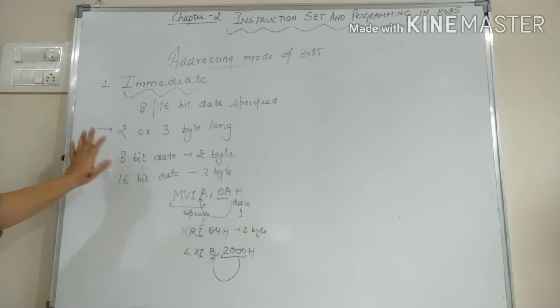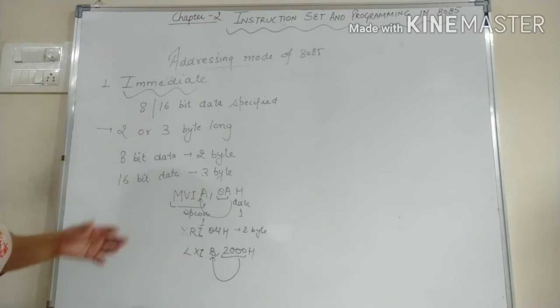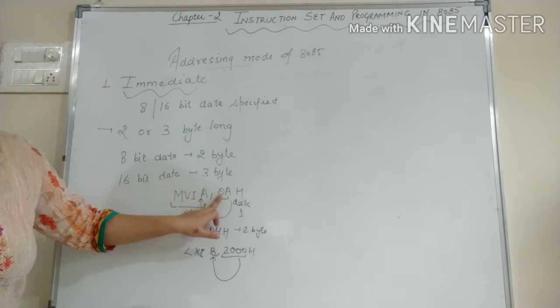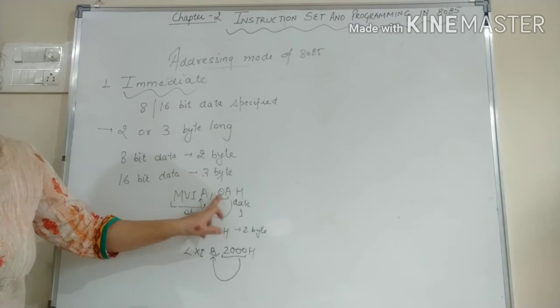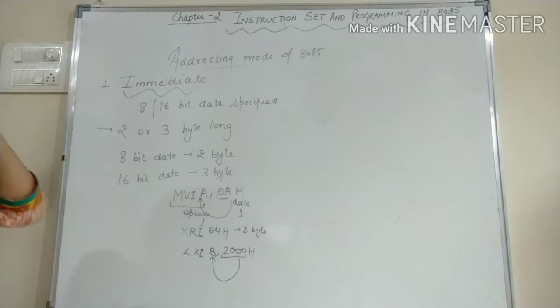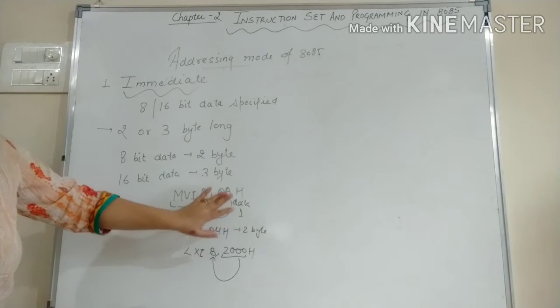Now students, what is the advantage of immediate addressing mode? In this case, the microprocessor will not waste time searching for the data. Why? Because the data is present in the instruction itself. So the microprocessor will not waste any cycle to search for the data.